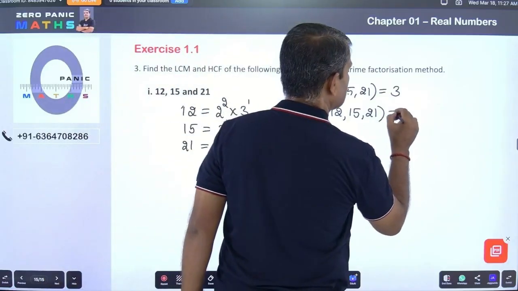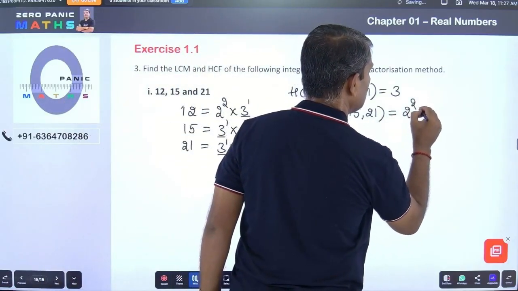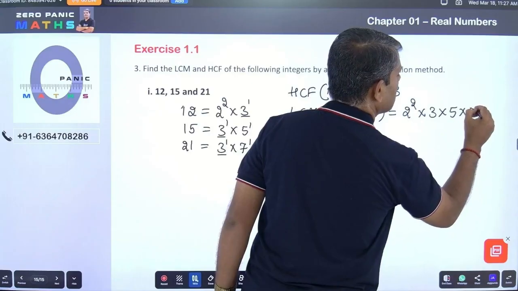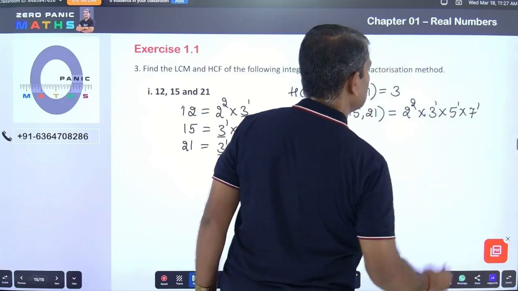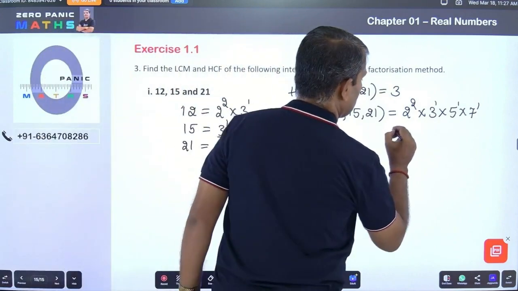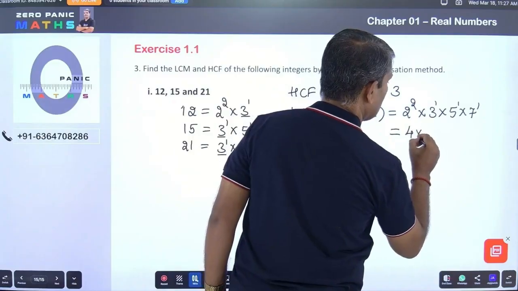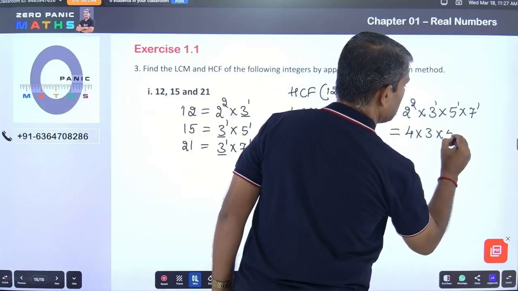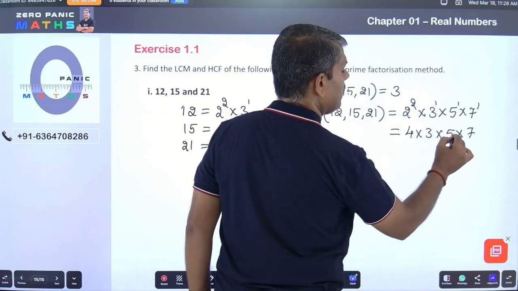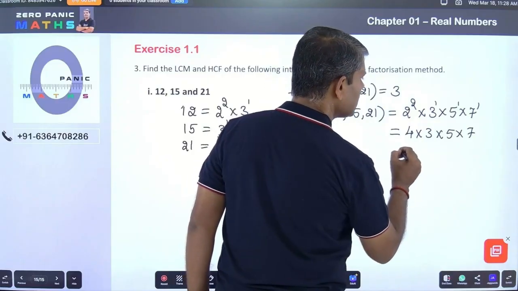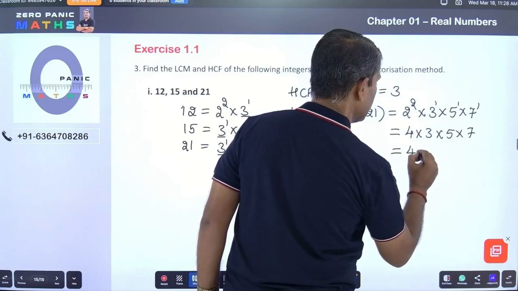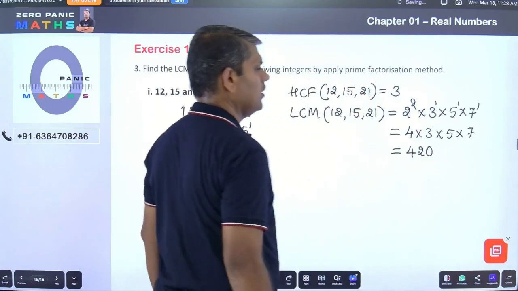Okay, now let us see that 2 to the power of 2, 3, 5 and 7 all with powers 1. Okay, 2 to the power of 2, which is 4, 3s are 12, 12 5s are 60 and 60 7s are 420.